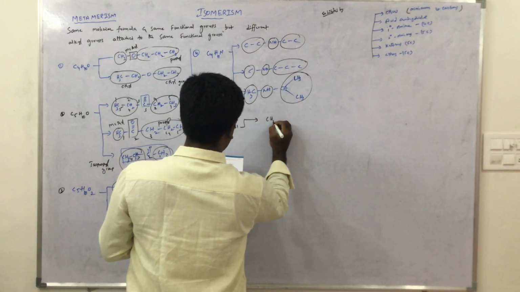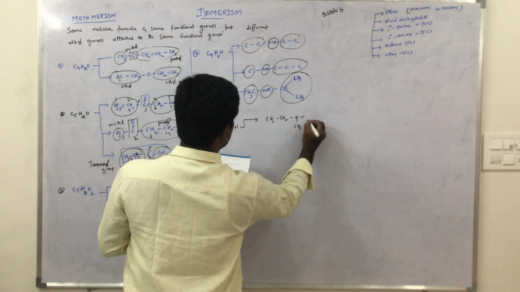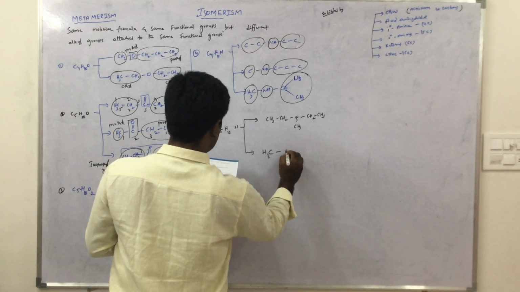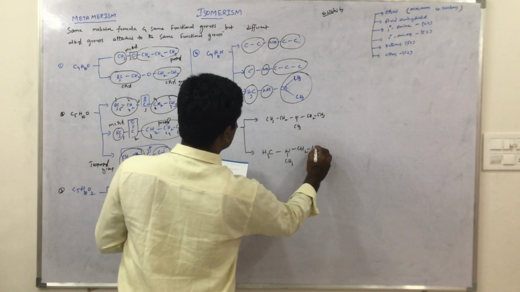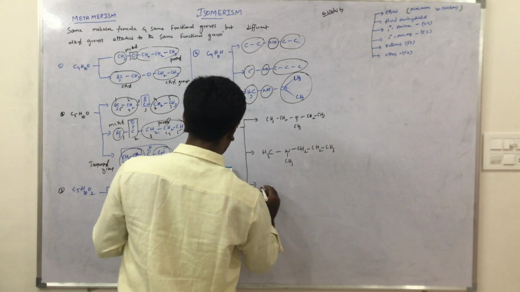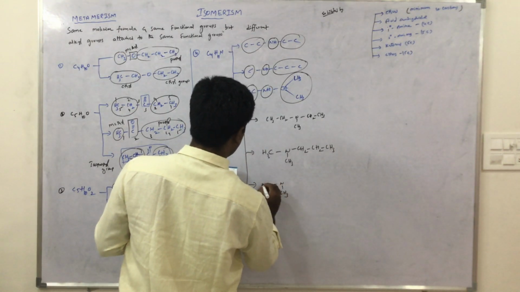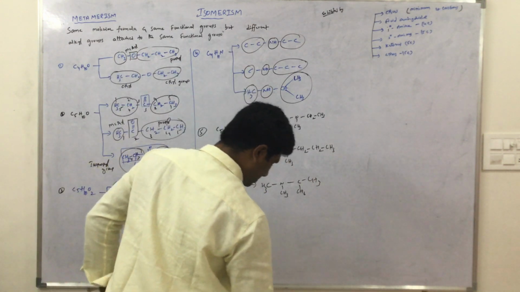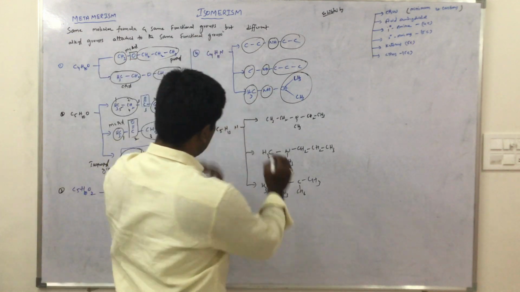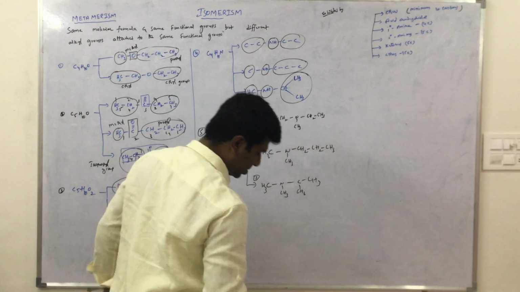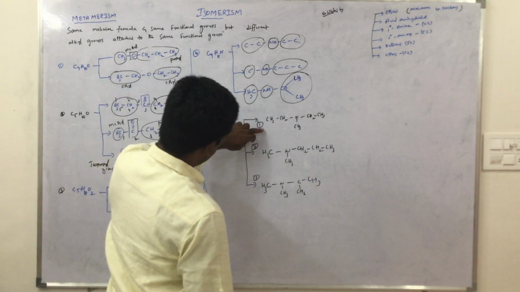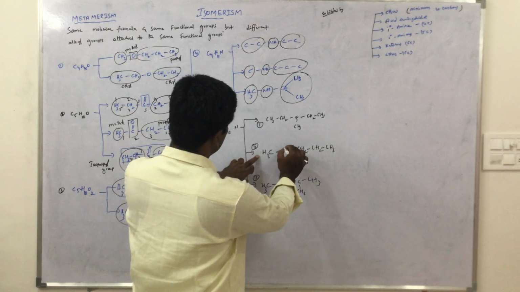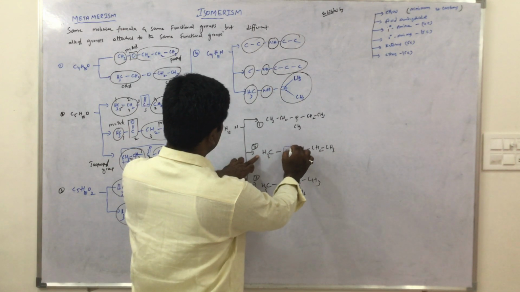In the first structure, CH3-CH2-N-CH3-CH2-CH3; in the second structure, CH3-N-CH3-CH2-CH2-CH3; in the third structure, a nitrogen with CH3, CH3, CH3. Nitrogen is the functional group.